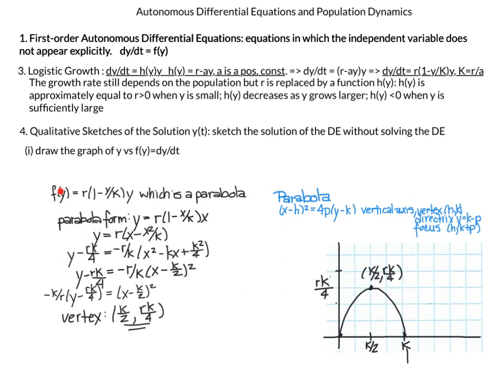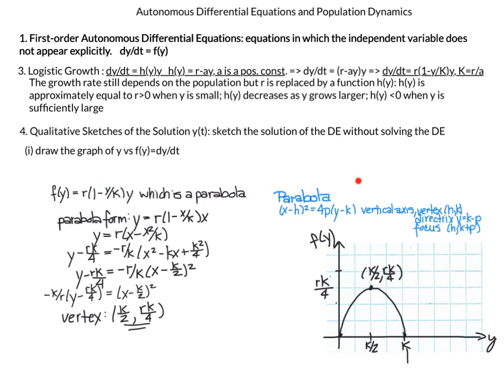So our function f of y is given by dy/dt, and that's equal to r times (1 minus y over k) times y. So I have that written here. And this form, where you have f of y equals essentially a y squared term, is a parabola.